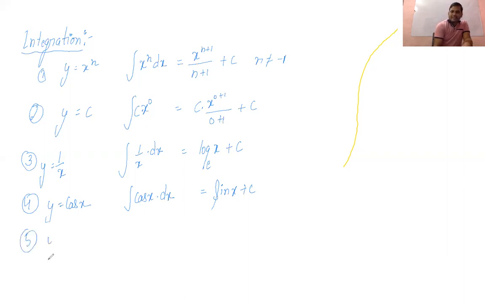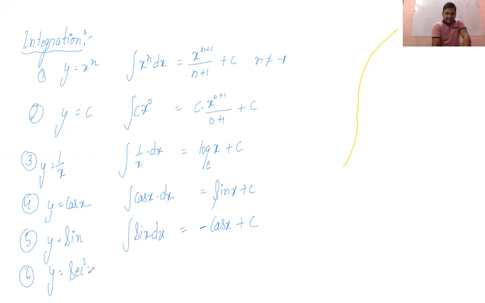Now if you are saying that y is equal to sin x, and you are willing to find the integration of sin x, it will be minus cos x plus c. The sixth formula, let's say y is equal to sec square x. Integration of this is tan x plus c.